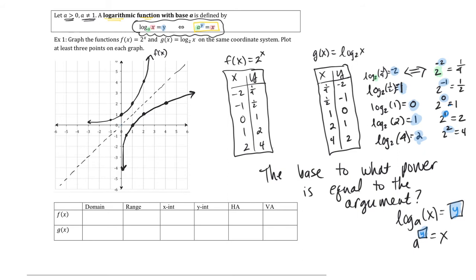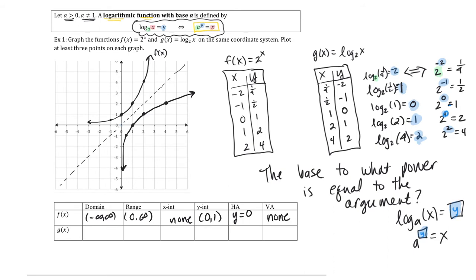With the exponential, our domain went from -infinity to infinity with a range from 0 to infinity. There was no x-intercept. The y-intercept was (0, 1). The horizontal asymptote is y equals 0, and there's no vertical asymptote.